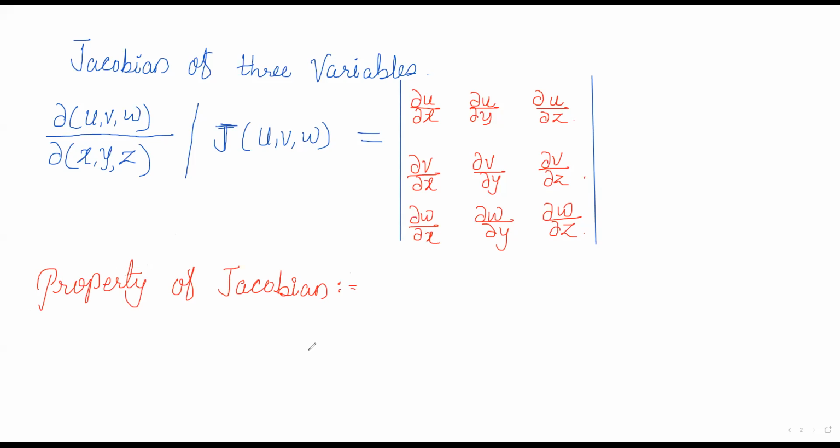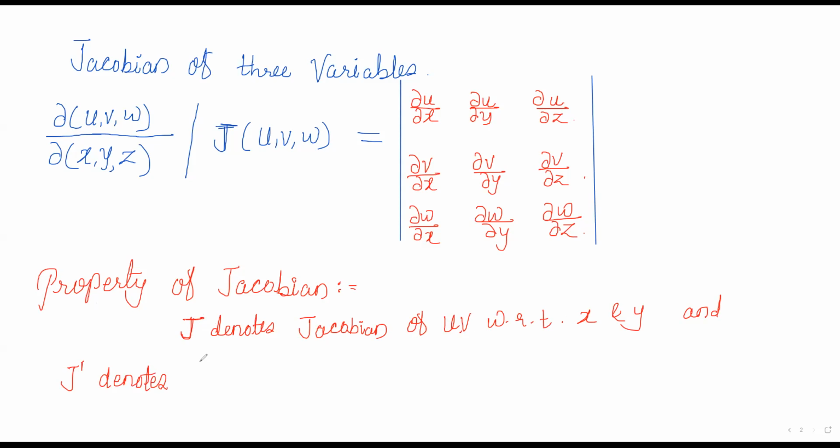If J denotes the Jacobian of UV with respect to x and y, and now we take J dash, J dash denotes the Jacobian of xy with respect to UV.